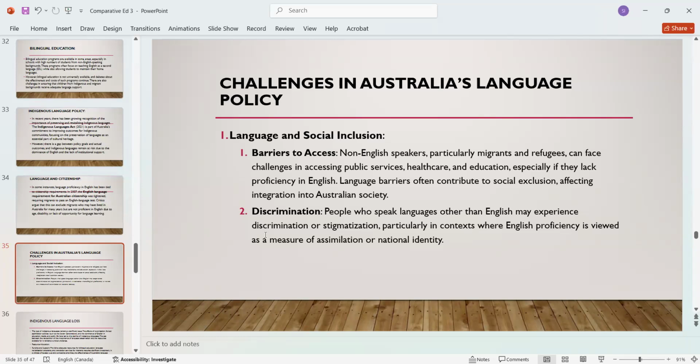And discrimination. People who speak languages other than English may experience discrimination or stigmatization, particularly in contexts where English proficiency is viewed as a measure of assimilation or national identity. So even in Sri Lanka, we will experience this after 5 to 10 years, because now the international schools are functioning.